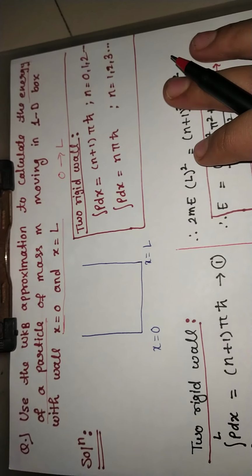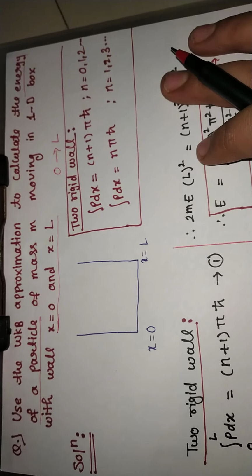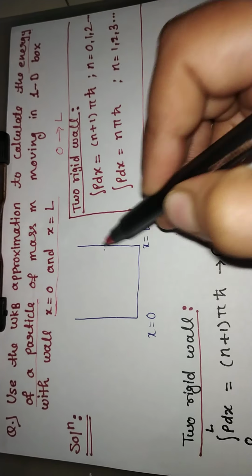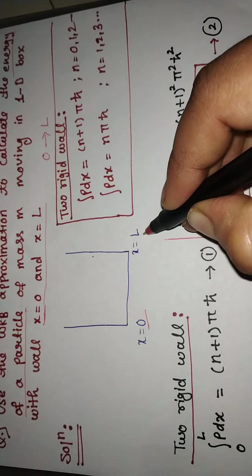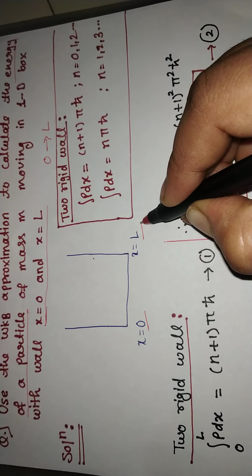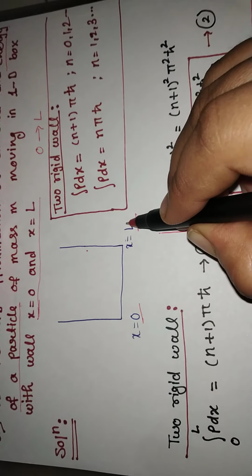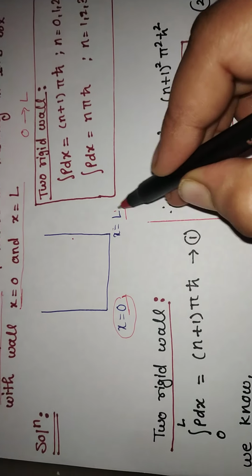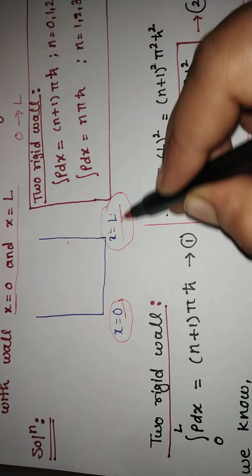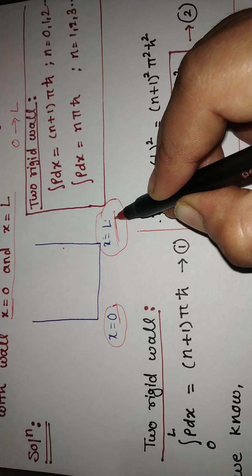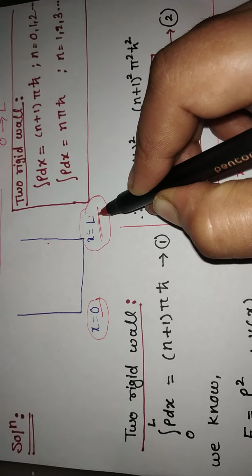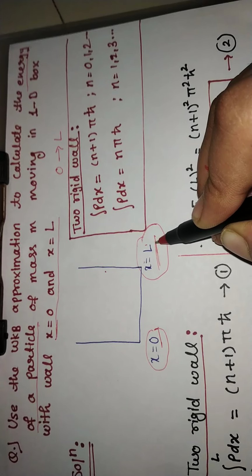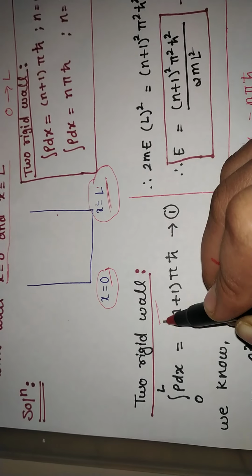It is very simple. Here we have one potential well and its boundaries are 0 to L. That means we have two rigid walls, one at x equals 0 and the other at x equals L. So obviously which case will we take here? The two rigid wall case.